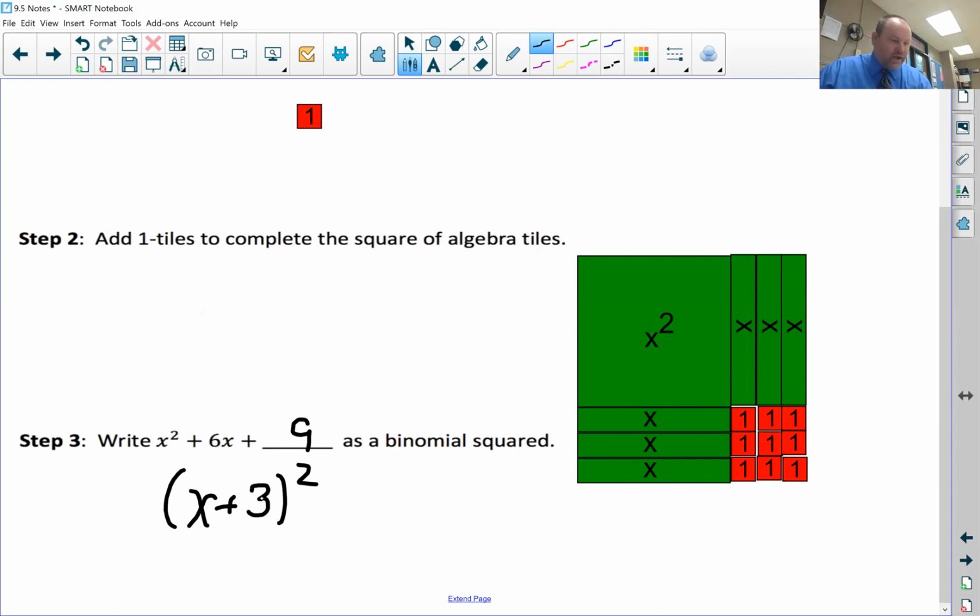So that's algebra tiles, and that's how you can use algebra tiles to help you complete the square. The algebra tiles work great for some examples and not so well for others. So I will also show you a method without using algebra tiles, how you can complete the square.